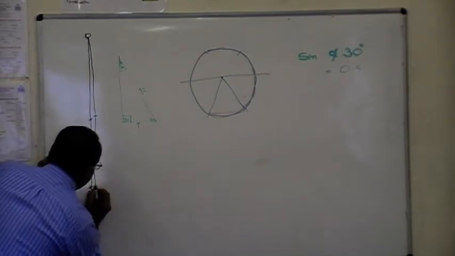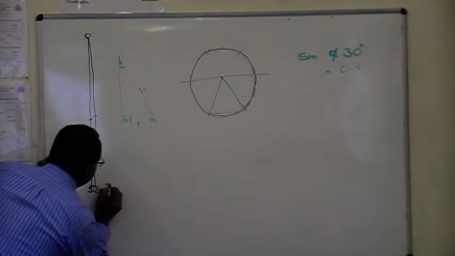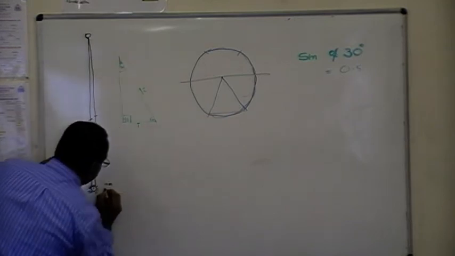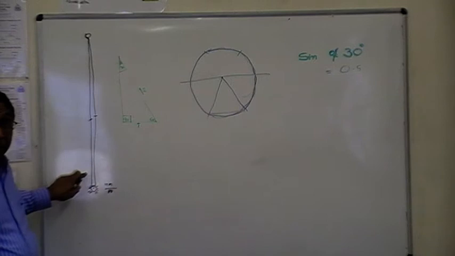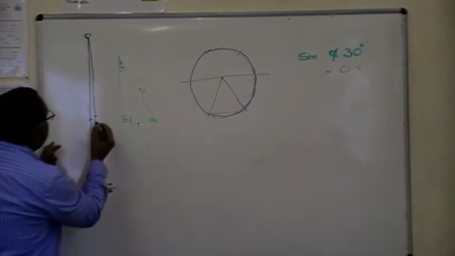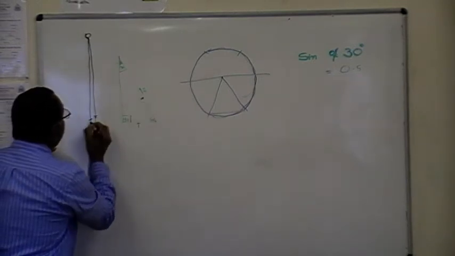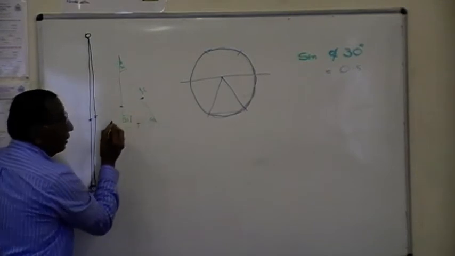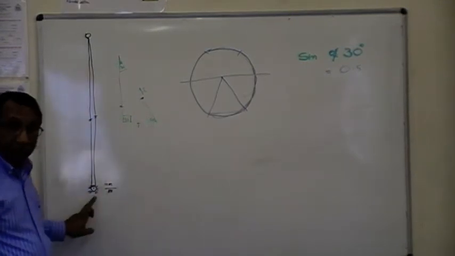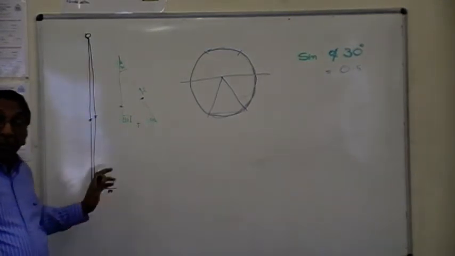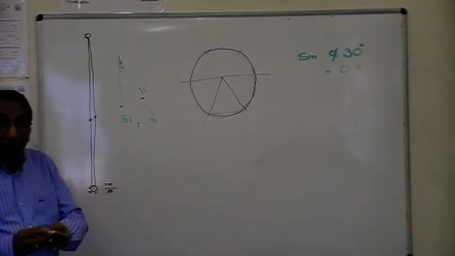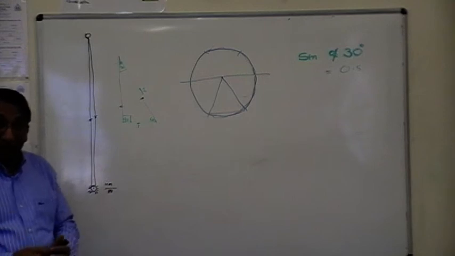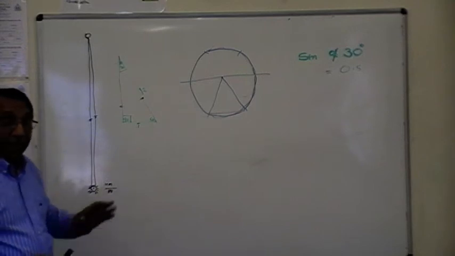The opposite is this 1 centimeter and this is about 110 centimeters. So it doesn't make a difference whether you take this hypotenuse or this adjacent. Both are the same. So for very small angles in space, sine is equal to tangent.